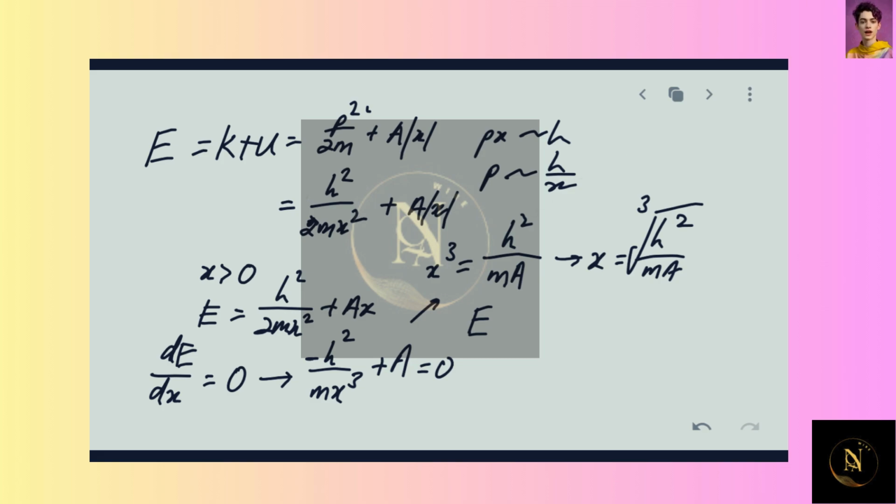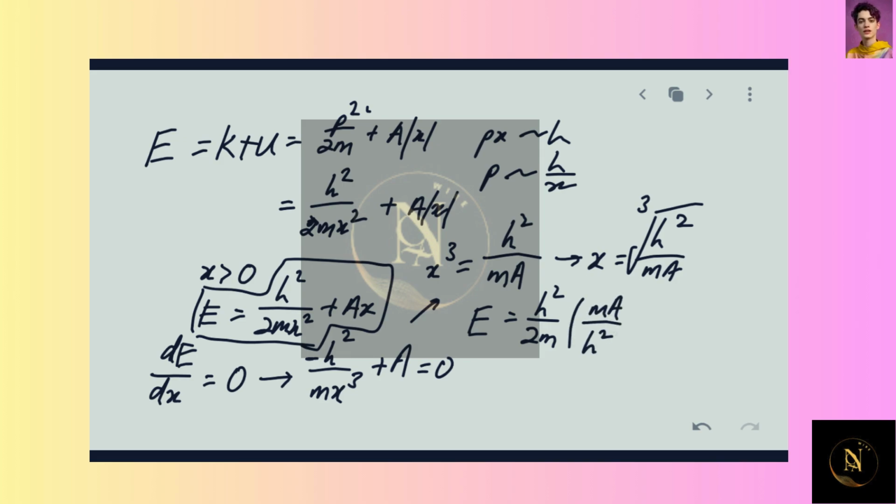This will be equal to h squared over 2m times 2/3 to the power of 2/3, plus a times h squared over m a to the power of 1/3.